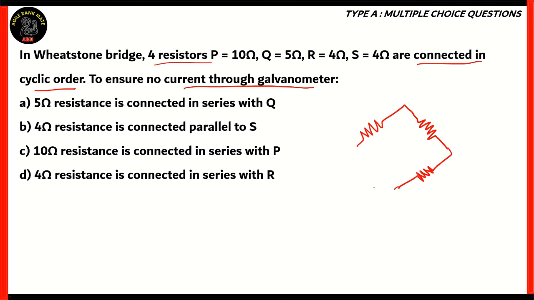So what that means is that we have P measuring 10 ohms, followed by Q measuring 5 ohms, and you have R on the right-hand side instead of the left because we're going in cyclic order, measuring 4 ohms, and S measuring 4 ohms. Now we need to make sure that no current passes through a galvanometer placed in between. The galvanometer is represented as G.